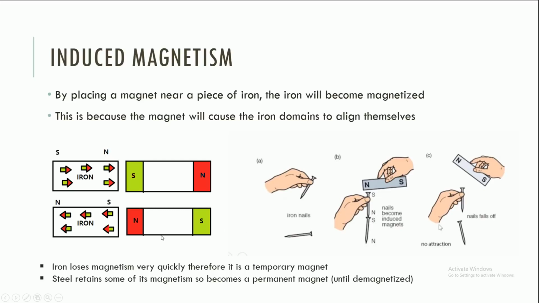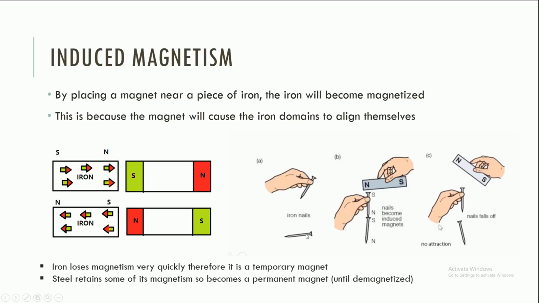Now, iron loses magnetism very, very quickly. So as soon as you detach the permanent magnet from the first nail, this whole thing falls apart, because the first nail essentially loses all of its magnetism, and the second nail also loses all of its magnetism as a result.